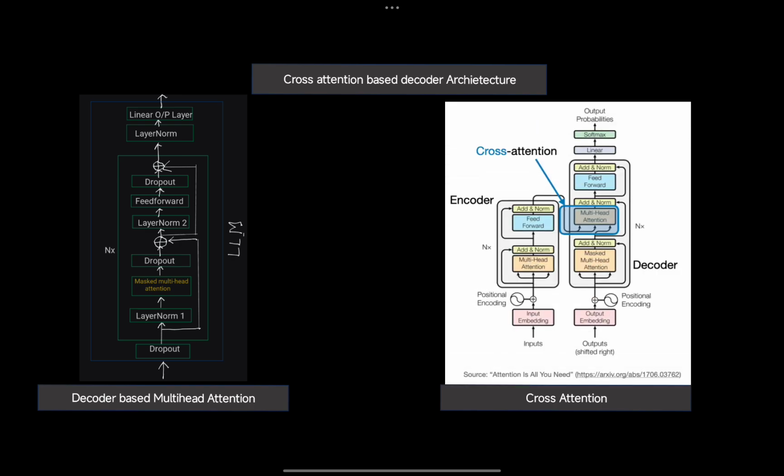So in case of cross attention, there in the decoder side, what we do is that we have a multi-head attention layer. So there the query generally comes from the decoder side, and the key and the value matrices generally gets passed from the encoder side.